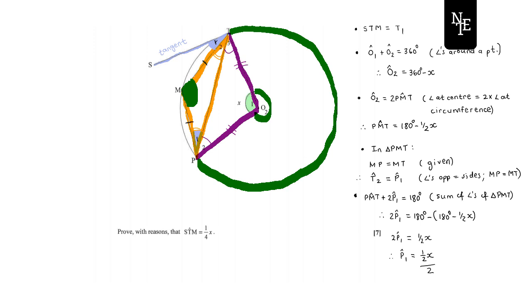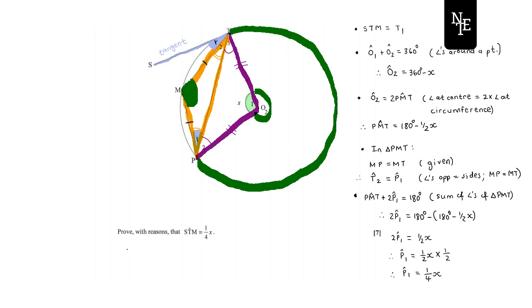But that is the same as saying 1/2 x times 1/2. So then we have that angle P1 is equal to 1 times 1 is 1, 2 times 2 is 4, so 1/4 times x. Which is good because that's exactly what they wanted us to prove.